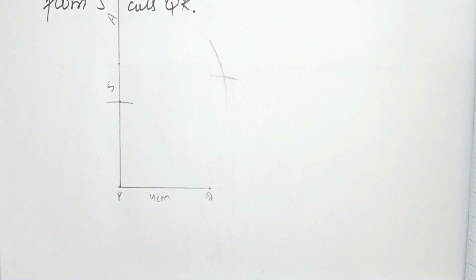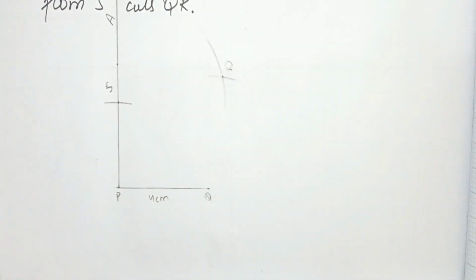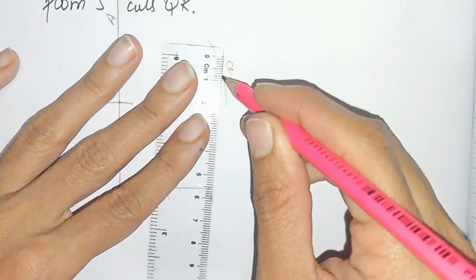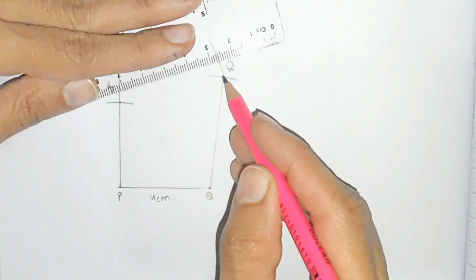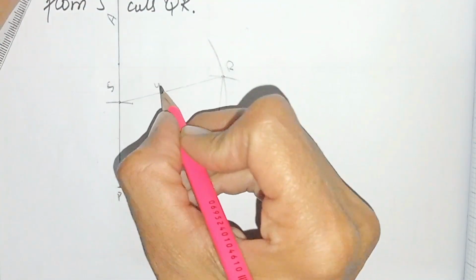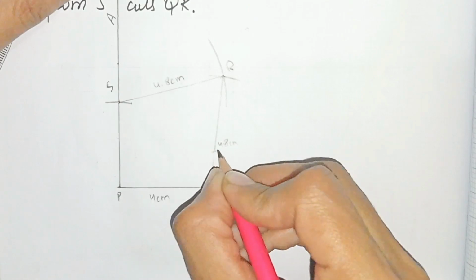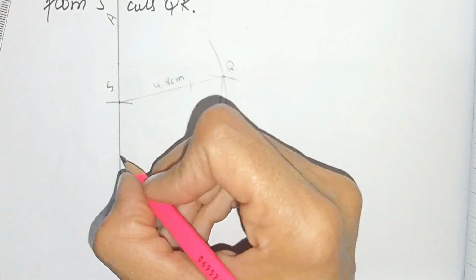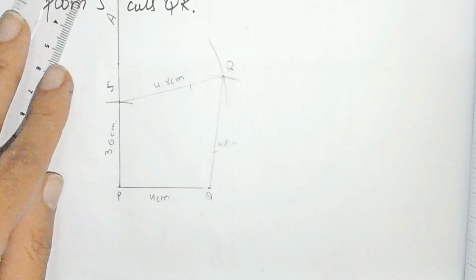Where it cuts, this is the point R. Now join R with Q and R with S, and this is 4.8 centimeter. These lines are equal. And this is equal to 3.6 centimeter.